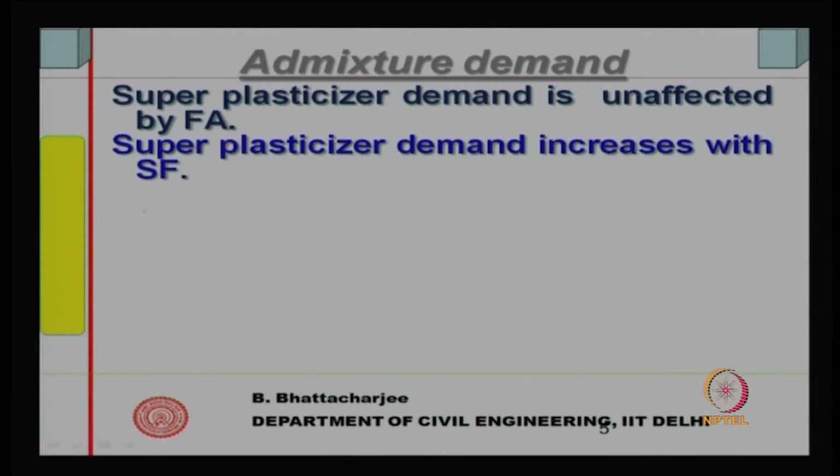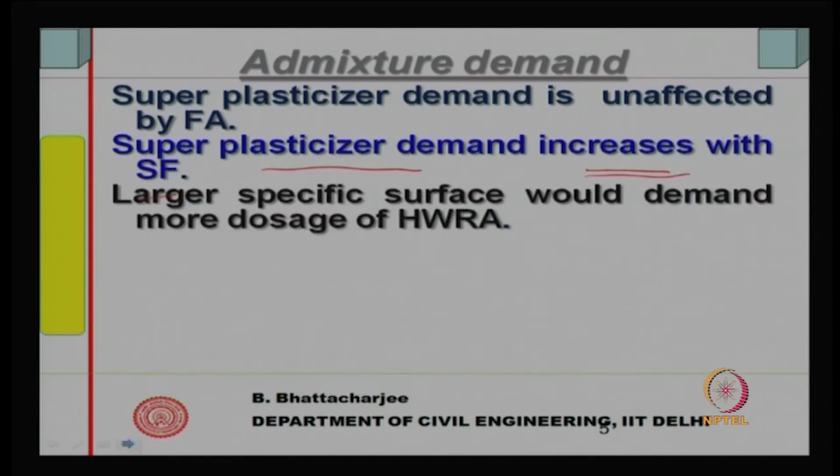So, superplasticizer demand will increase with silica fume. That is because silica fume is very fine. That is what we looked into in the last class, that they are very fine, and therefore, they cause a little bit of increase in the superplasticizer demand, because the superplasticizers get absorbed onto the surface of the fine particles. So, since silica fume is fine, it can absorb a lot of superplasticizer at its surface, because the particles themselves also get pushed apart by the superplasticizers.